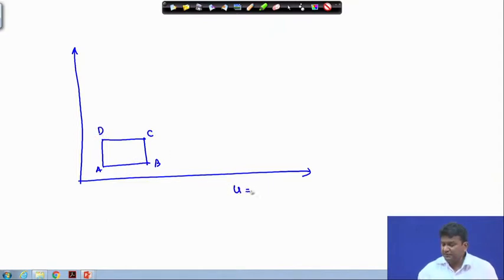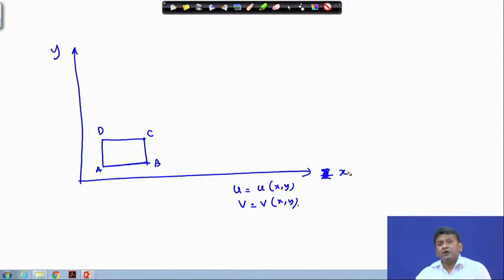And now you simply have to say that you are talking about a flow field where u is a function of x and y and v is also a function of x and y. As a consequence, all points in the line segment AB are no longer moving with the same velocity in the y direction.